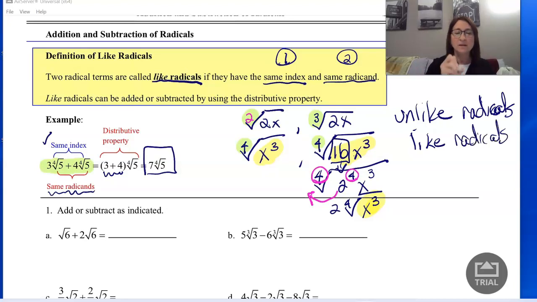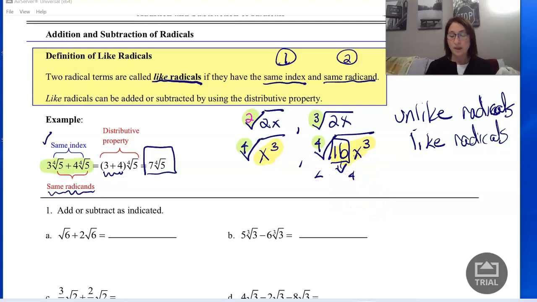Okay, last one that I want us to look at. And this one is going to be, if I have negative 5 cube root of xy, and then I've got 4 cube root of xy.